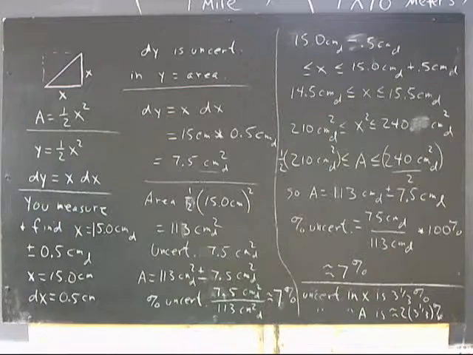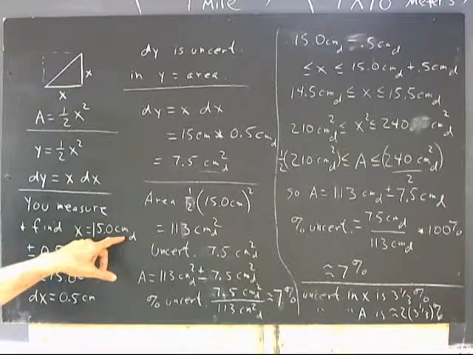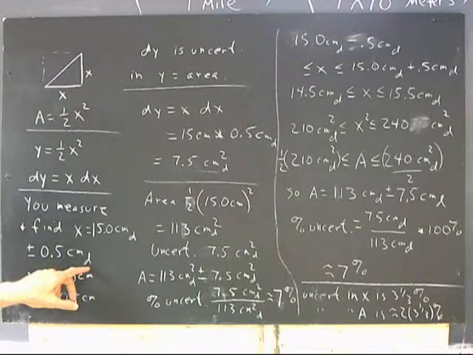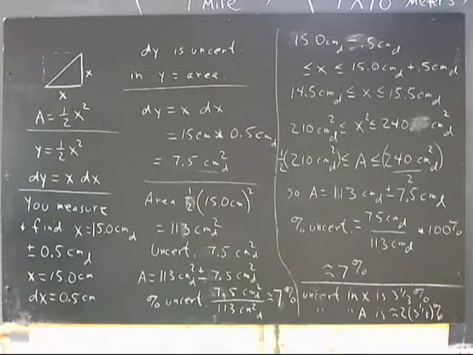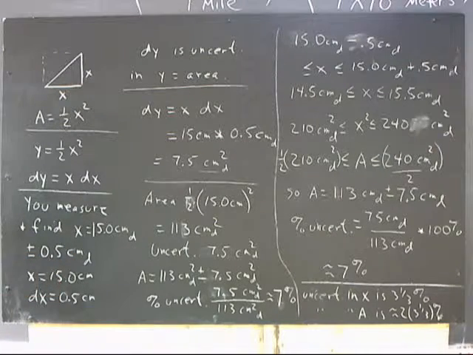Okay, let's say that you measure this triangle, and you've measured triangles to assess uncertainties. You measure this triangle and find that x is 15.0 cm, plus or minus 0.5 cm. This is your measurement, and this is your estimate of your uncertainty based on how well you think you're reading your instrument, your measuring device.